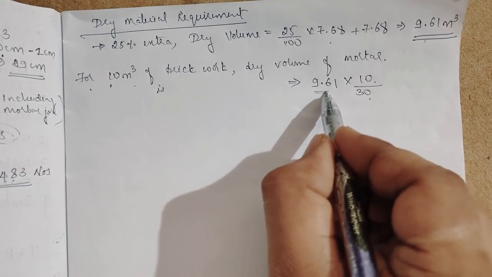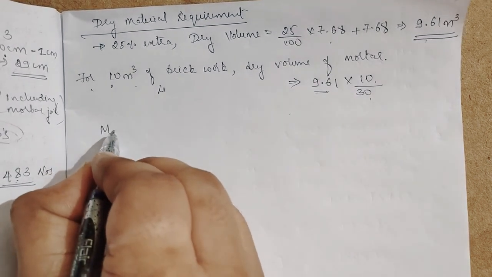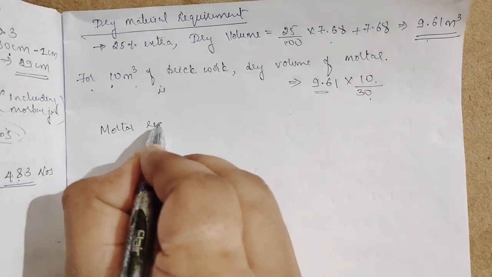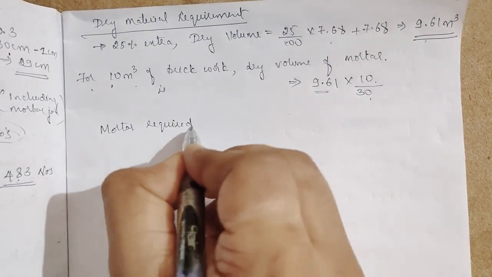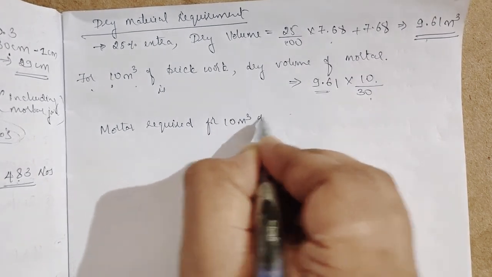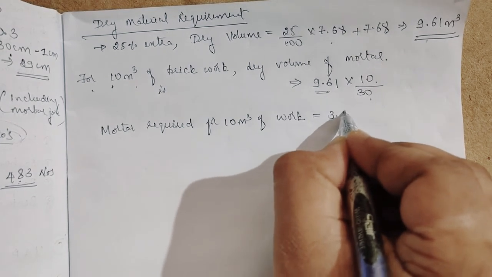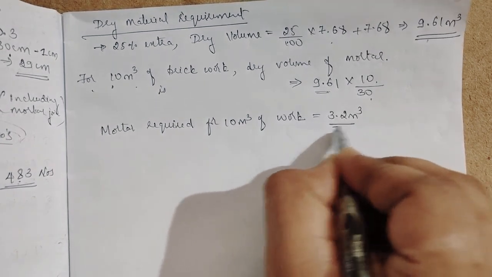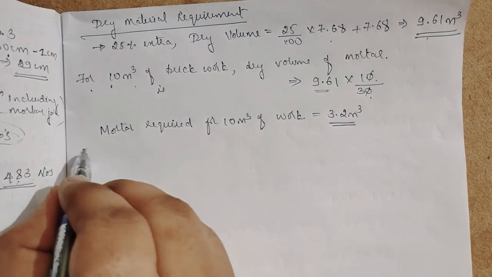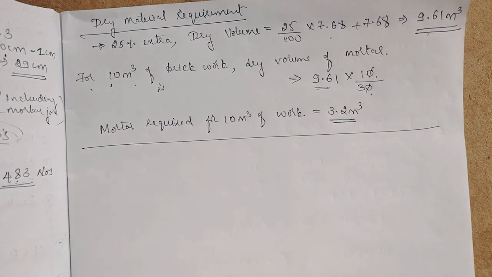So the dry volume we get is 9.61. So the mortar required for 10 meter cube of work is equal to 3.2 meter cube. Okay, 3.2 meter cube is the mortar required for the calculation of brickwork.